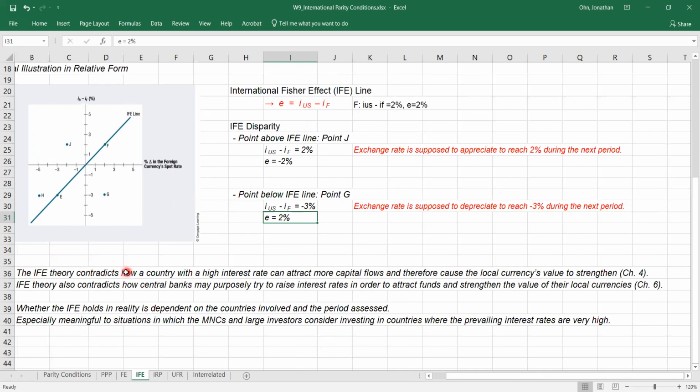According to IFE theory, with a high interest rate, the inflation should go higher, and then high inflation should result in a weak currency. That's IFE. Let me write it here.